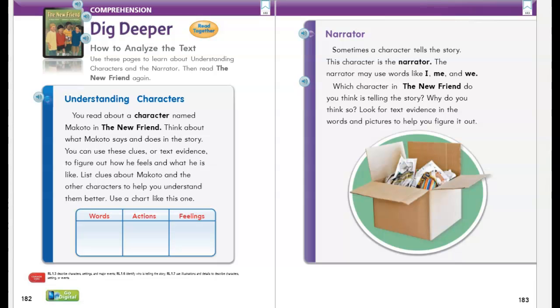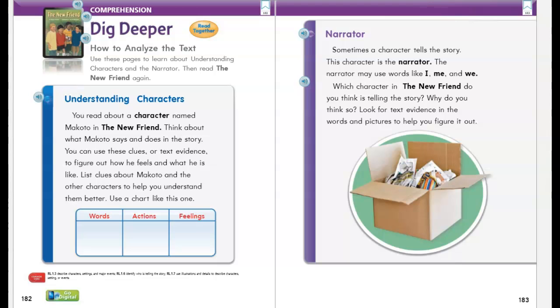Let's dig a little deeper into our main story for this week. Let's talk about one of our target skills, understanding characters. You read about a character named Makoto in The New Friend. Think about what Makoto says and does in the story.